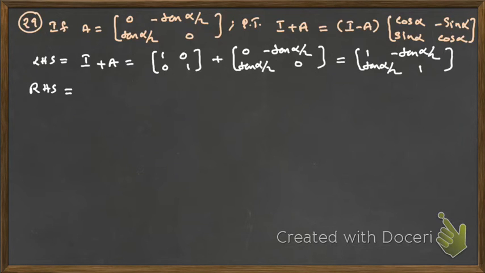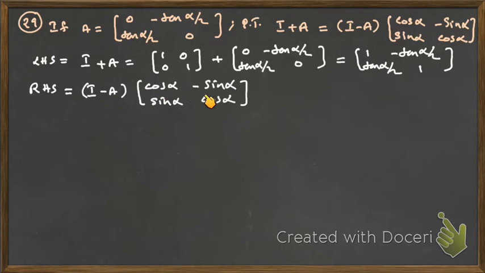I'm going to copy the RHS. The RHS is I minus A into that 2 by 2 matrix, [cos alpha, minus sin alpha; sin alpha, cos alpha]. This I minus A, I don't want to do in so much detail now because I have my I plus A. I'm just going to look at my I plus A, read this plus as minus there, and I can work it out, and then I'll get my I minus A. So that's what I'm going to try and do.